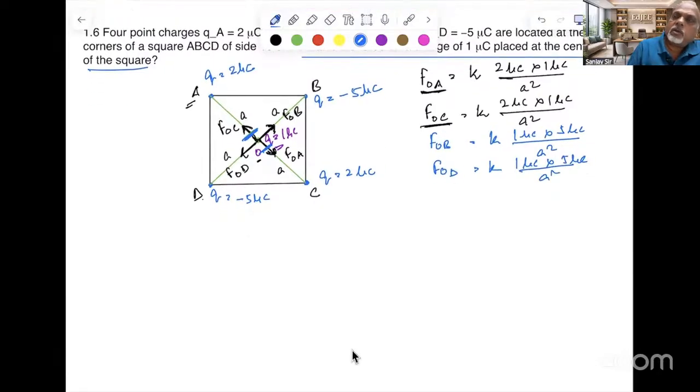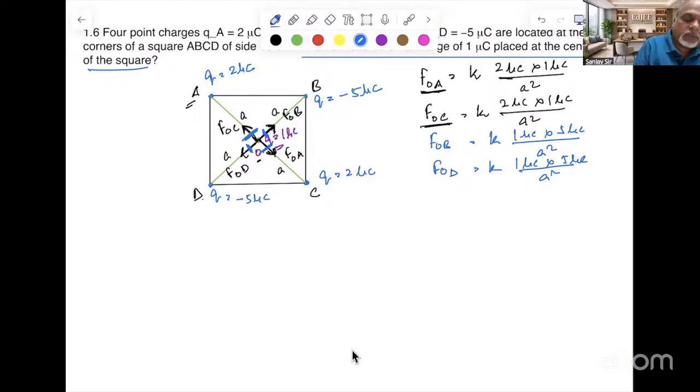They are also both equal, but in the opposite direction. Correct? So this will also cancel. We are not writing minus 5 microcoulomb because we have already considered the direction by considering it as a minus charge.